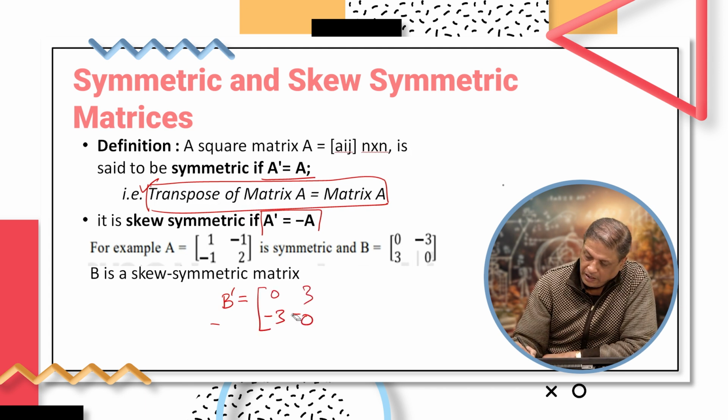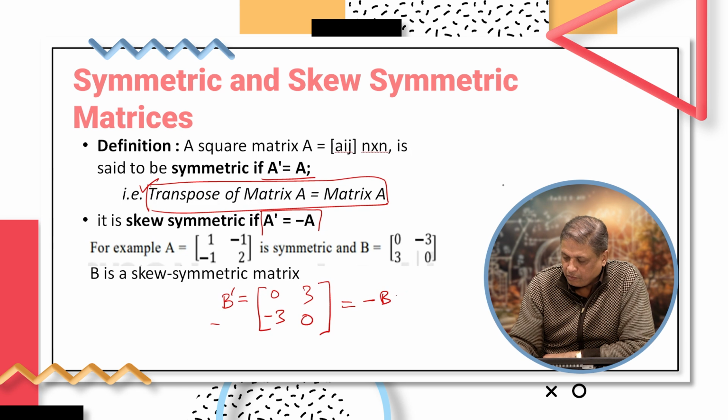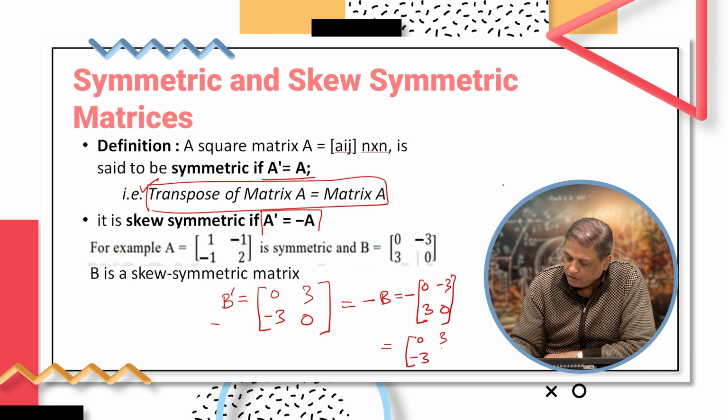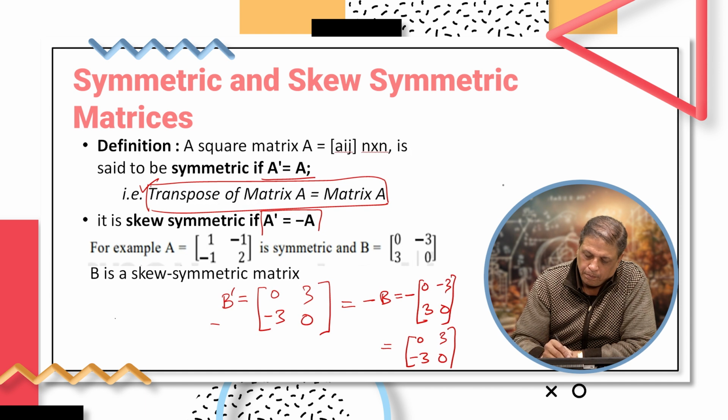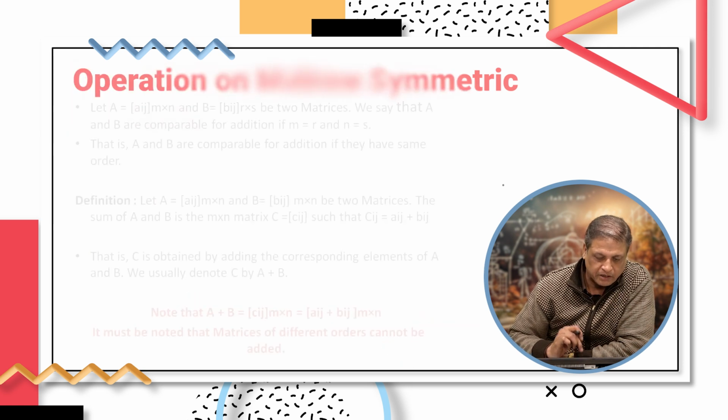So, you will see that this is nothing but minus B, because minus B will be minus of 0 3 minus 3 0, and this will be equal to 0 minus 3 3 0. So, this says that B is skew symmetric. I hope you got an idea of what I mean by symmetric and skew symmetric matrices.